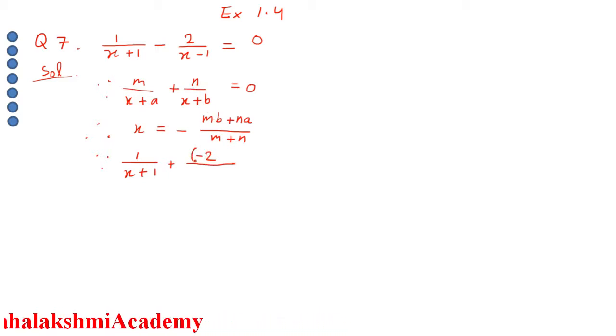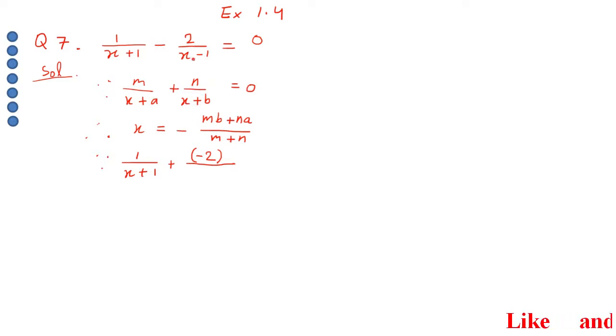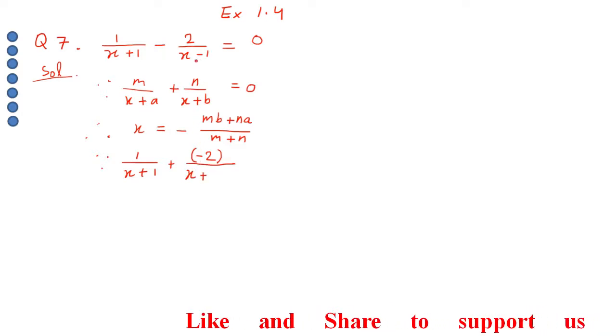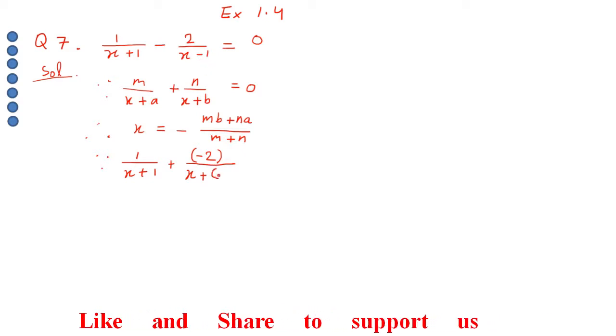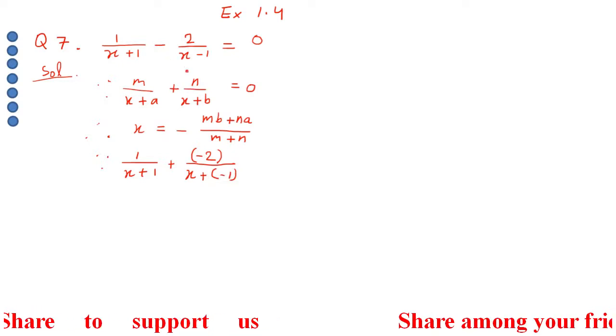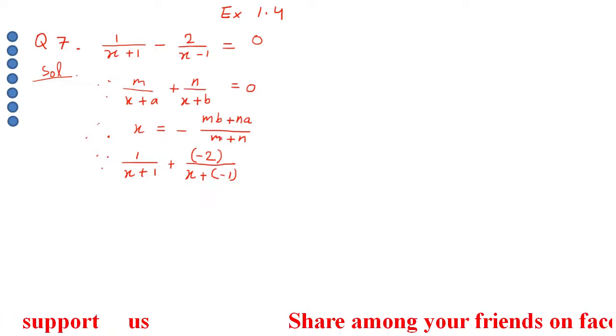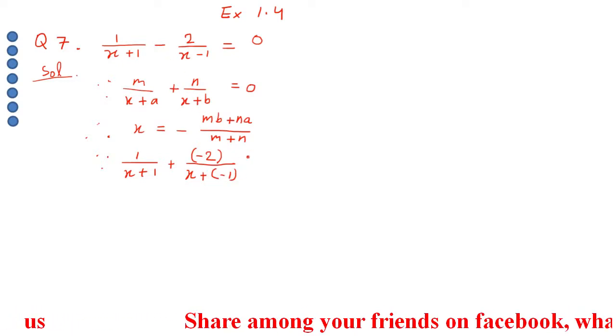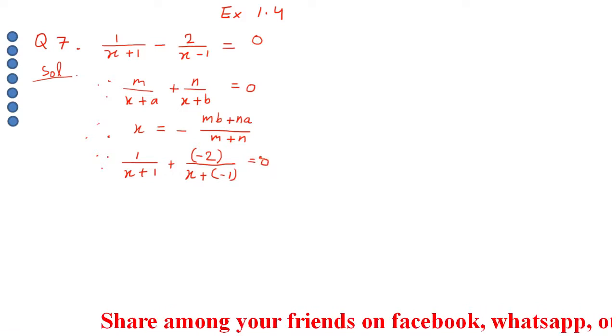So put here a bracket. Then in the denominator what do we have? x plus b, but here we have x minus 1. So first we are going to change this question into this format. So it's going to be x plus 1, and this minus sign you just give to the 1 separately. So x plus minus 1. When you open it, the meaning remains the same, but we change the equation into the formula pattern, and here equal to 0.